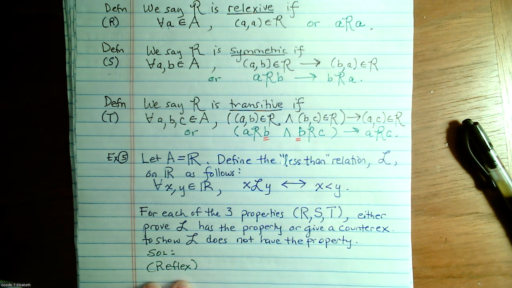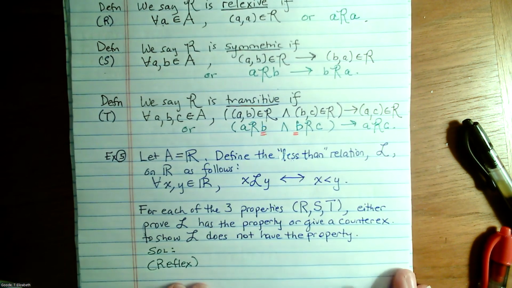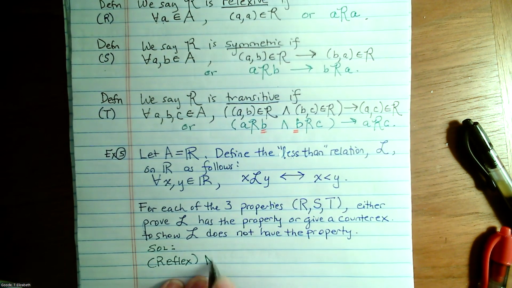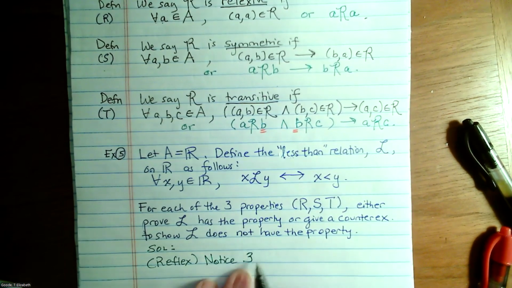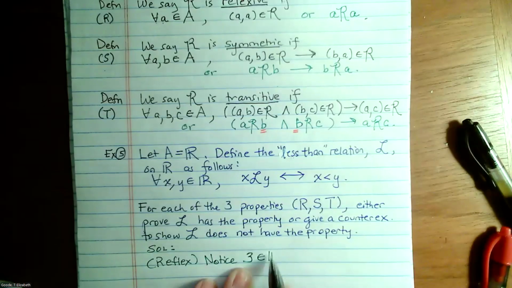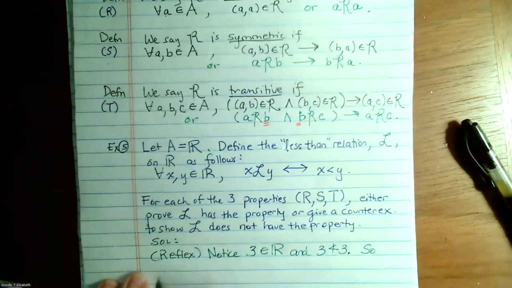So pick your favorite real number. My favorite real number happens to be 3, but yours might be pi, or who knows what your favorite real number is. But we can just write it up. Notice whatever your favorite number is, I'll say 3, is in the reals. And 3 is clearly not less than 3. And here's some notation.